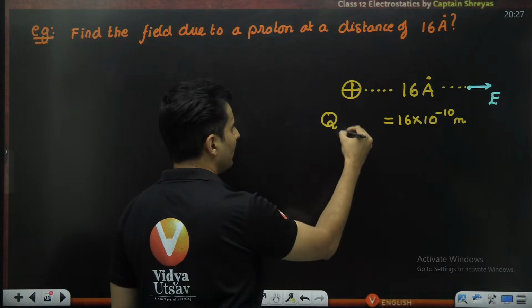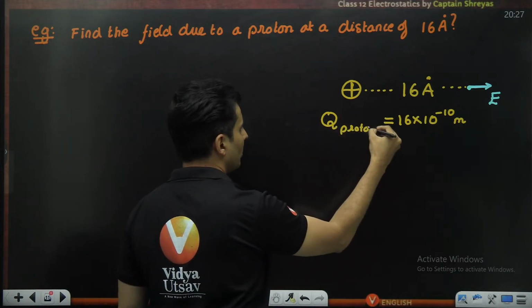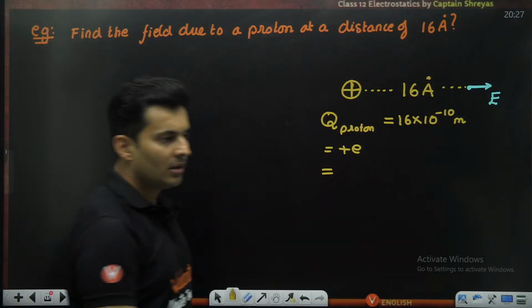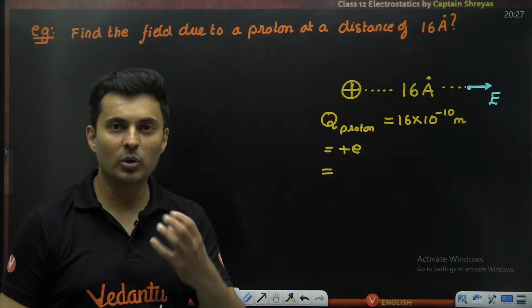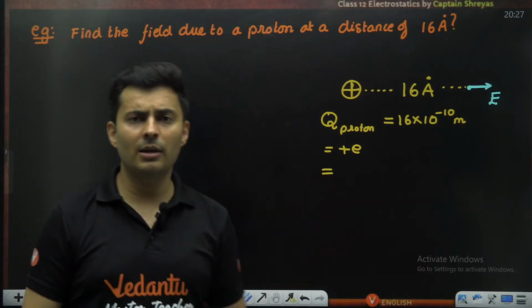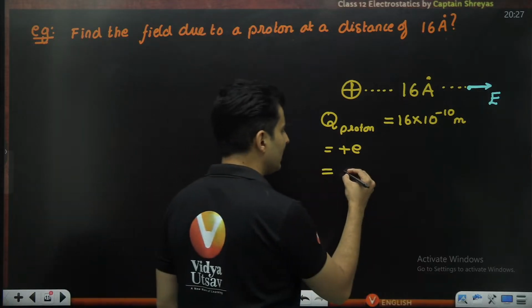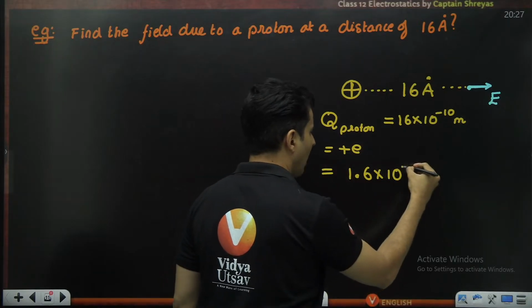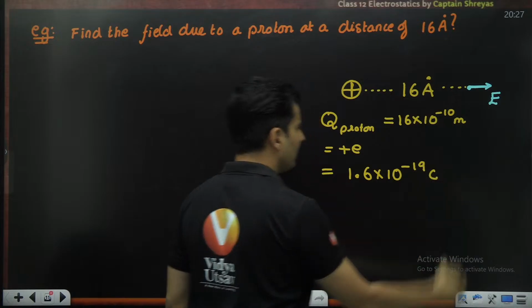The charge on a proton is positive e, as we have seen earlier. The charge on a proton is positive e, the electron is negative e. So positive e is 1.6 into 10 to the power negative 19 coulomb.